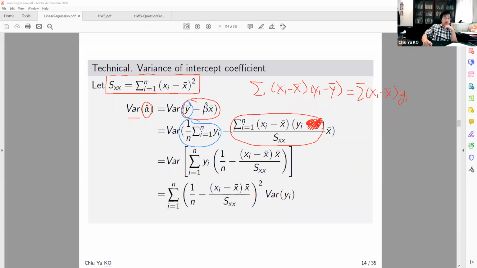So only yi is here, and you pick up the yi. The first one gives 1 over n, the next one gives you this times this here. You take the summation out.